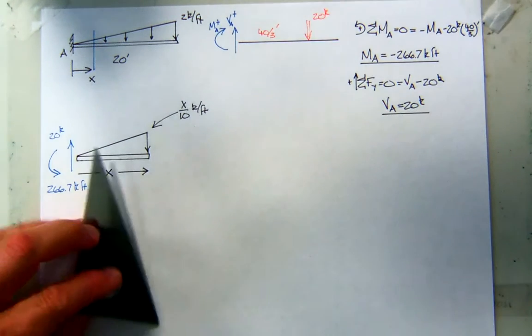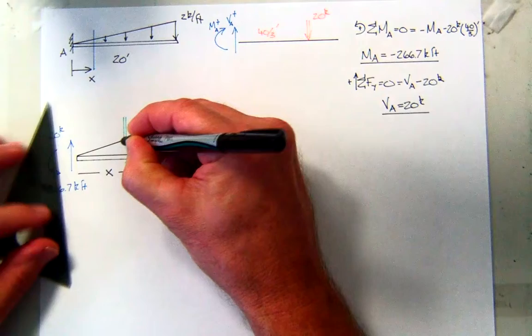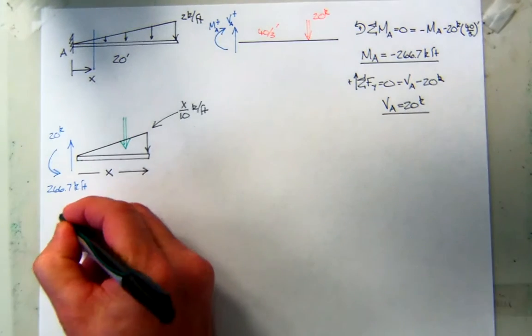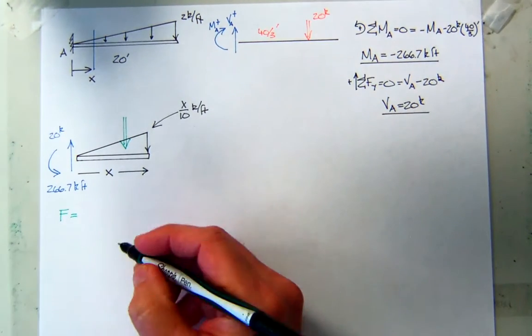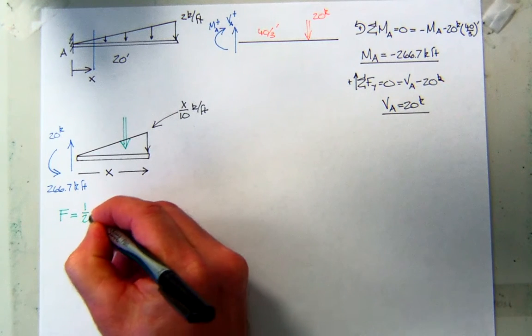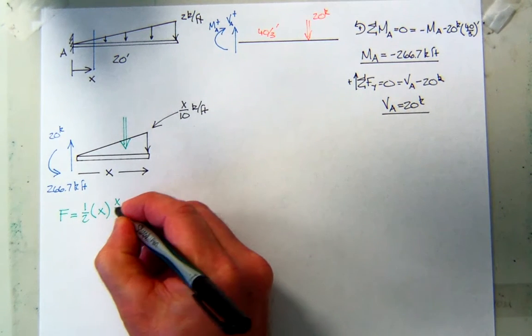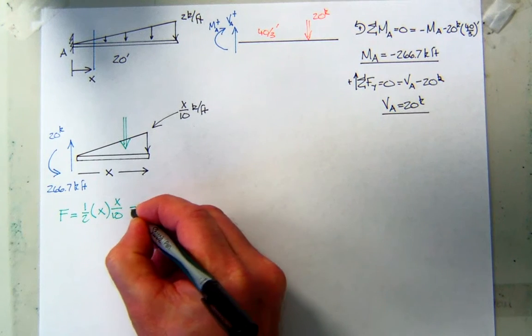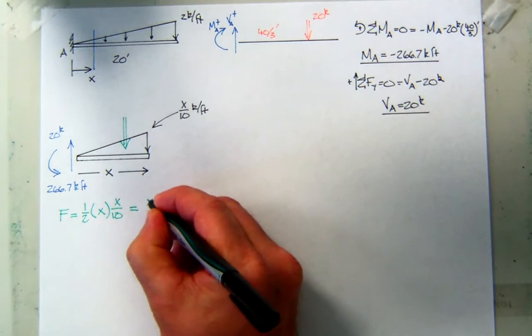So, what is the concentrated equivalent force of that triangular load? X squared over 10? Well, remember the force is the area of the curve, and what's the area of the curve? 1/2 base is x, height x over 10. So what do you get? X squared over 20.